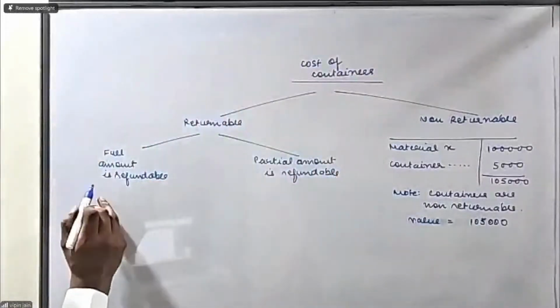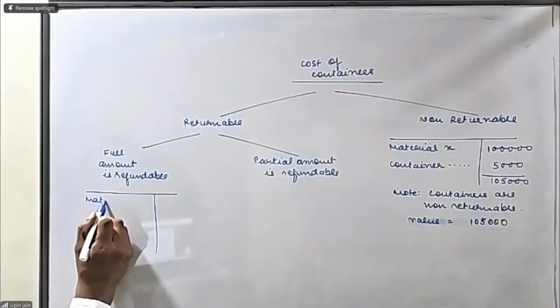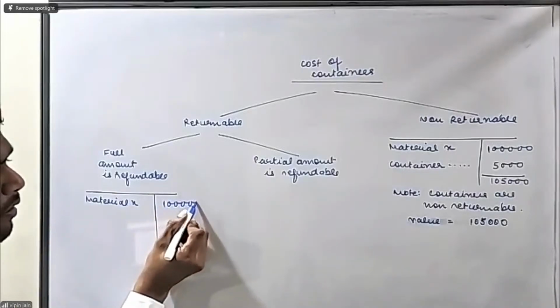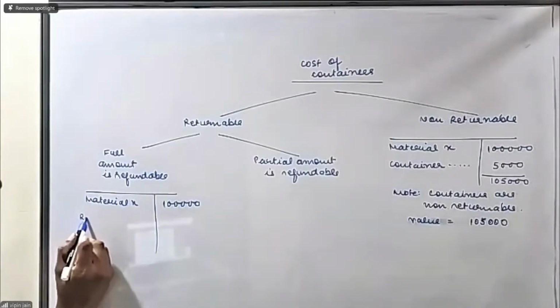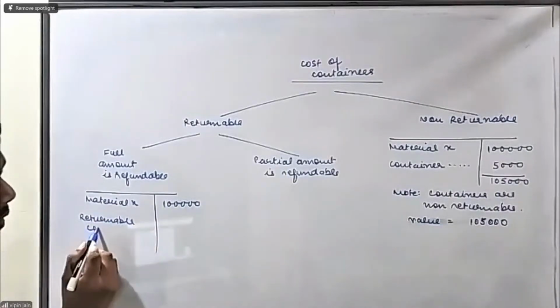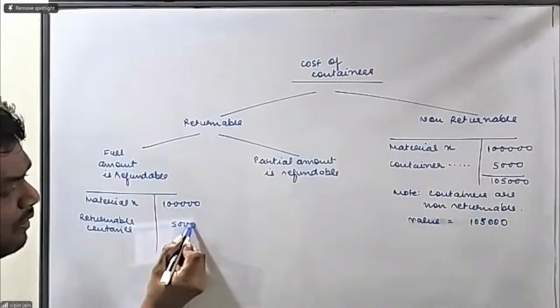So let's take the same example wherein we have purchased material X for rupees 1 lakh and again returnable container, let's say 5,000.